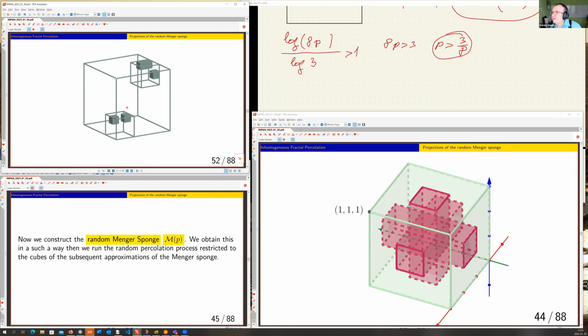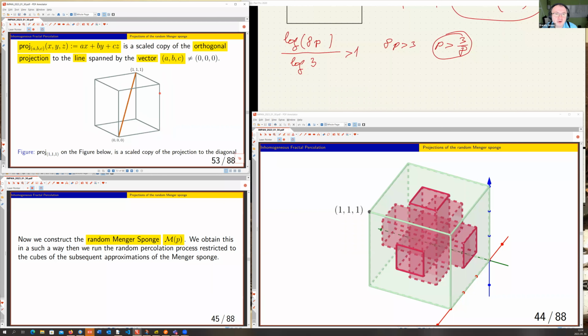So this is an inhomogeneous situation because the Quasimodo is always thrown away, so it is retained with probability 0, and all other cubes are retained with probability p. So there are 2 different probabilities, but this already causes interesting behavior. Now we would like to take the projections. So we use the notation projection ABC.